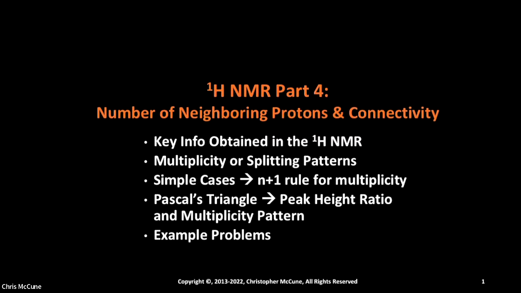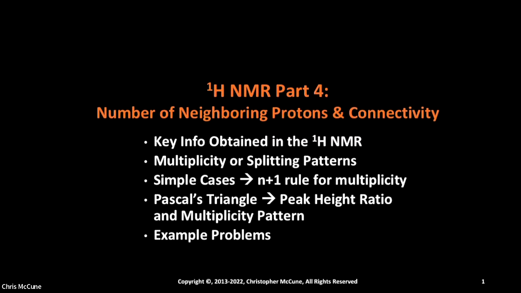We won't look at any cases in this video where there's diastereotopic hydrogens or alkene diastereotopic hydrogens other than aromatic hydrogens. We'll keep it for simple N+1 rule cases only for the scope of this video.